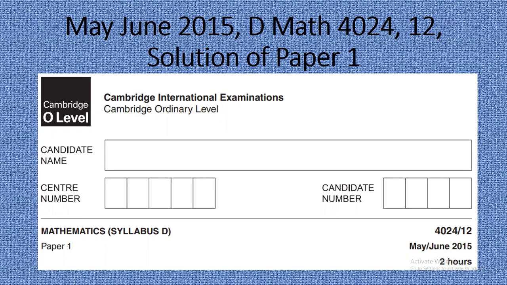There were 26 questions in this paper, and we have done all the questions in this video. I think this video will help you. I have tried my best to write the solutions in such a way that they can help you, and also describe them in such a way that you can understand those solutions.